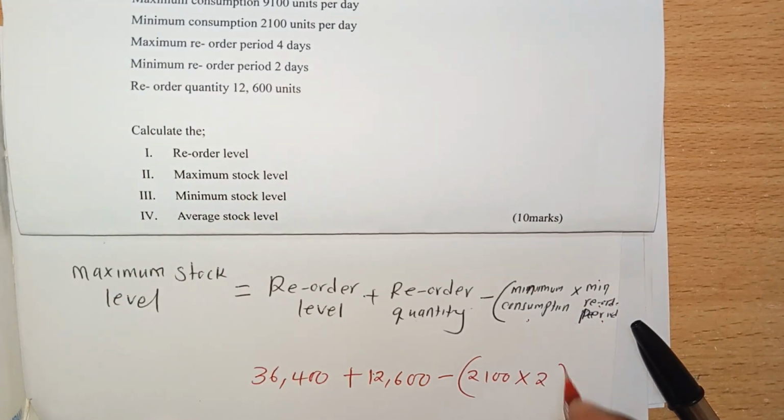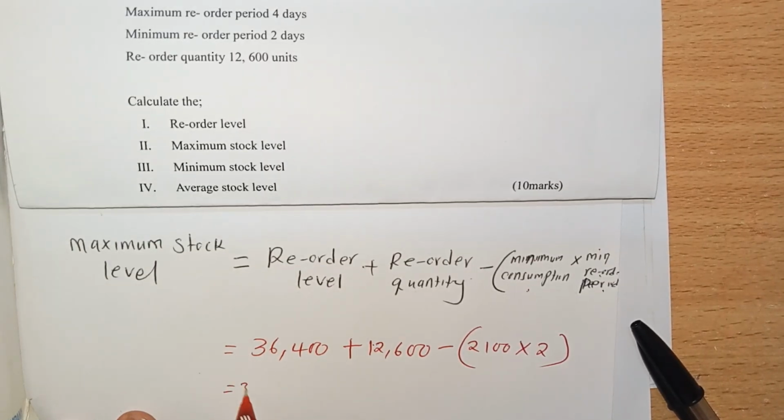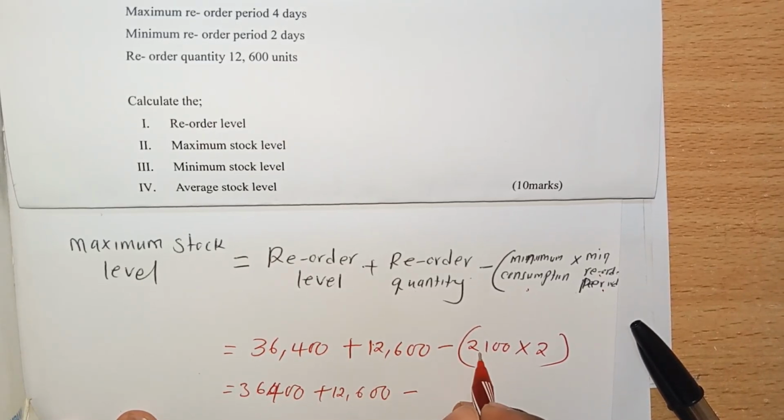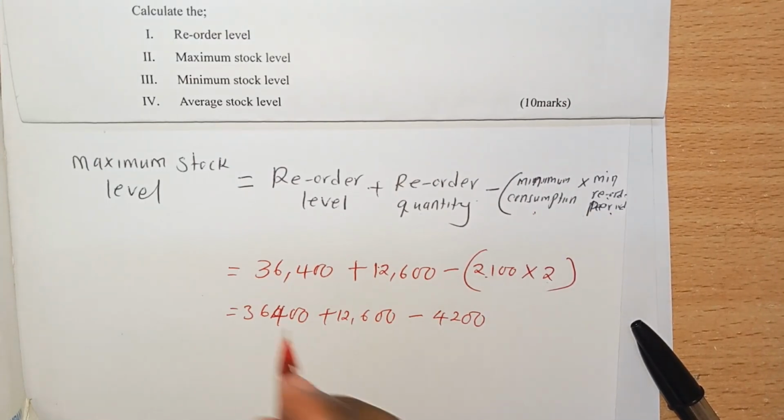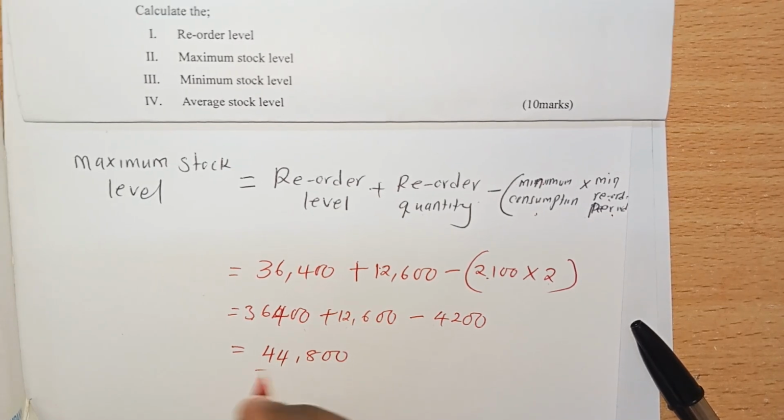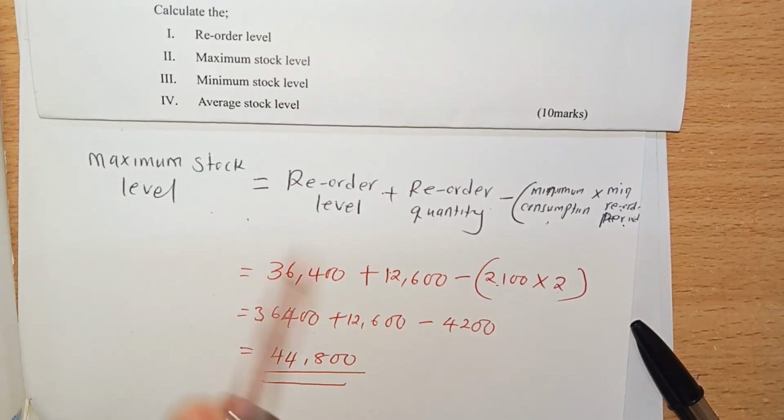So 2,100 times 2 gives you 4,200. Taking 36,400 plus 12,600, less 4,200, it will give you 44,800. So this is the maximum stock level. That's how you find the maximum stock level.